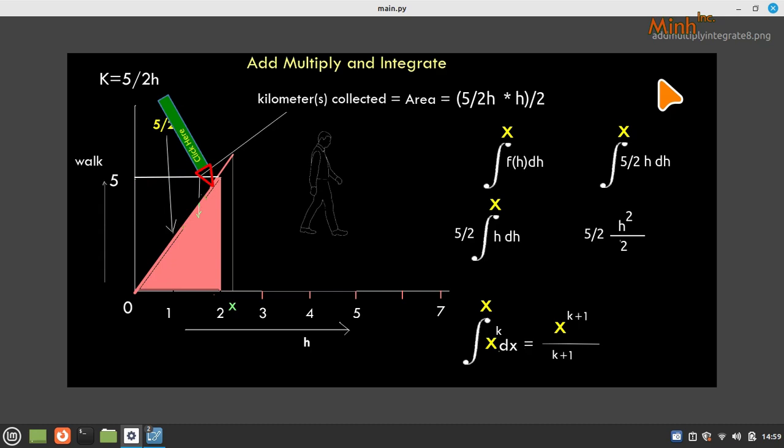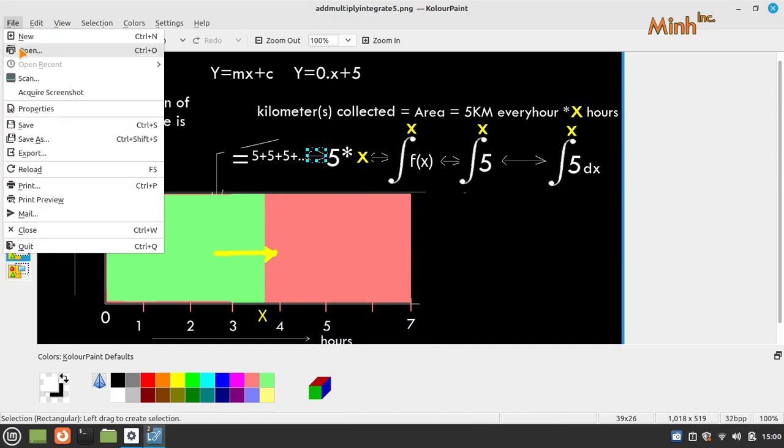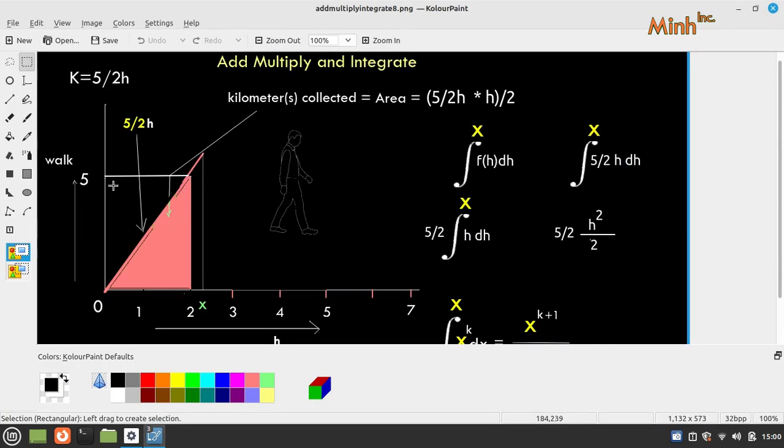How much distance has he traveled in x hours? That would lead to a bigger area that he has traveled in x hours.